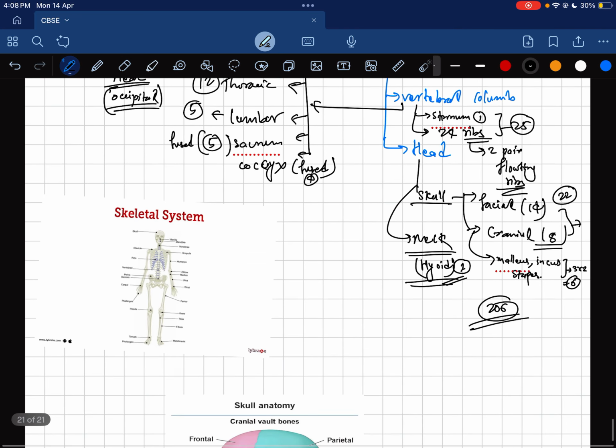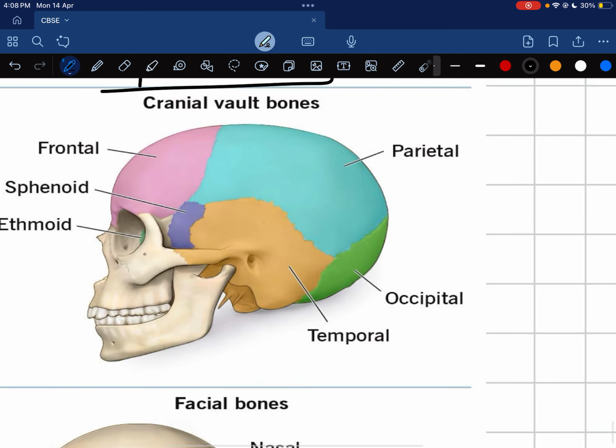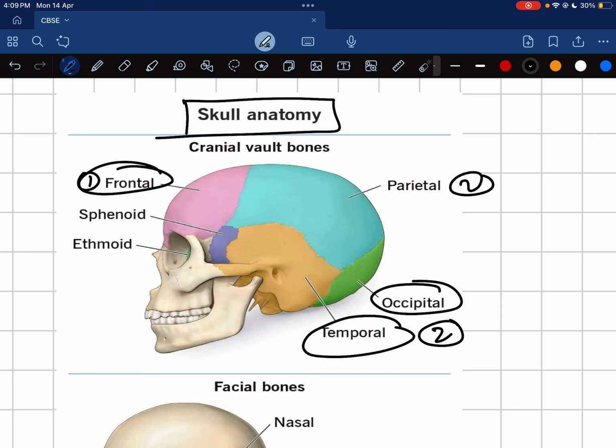Then we are going to the facial bones. In the skull anatomy, there is one frontal bone. Then there are two temporal bones, the occipital at the backside, and two parietal bones.